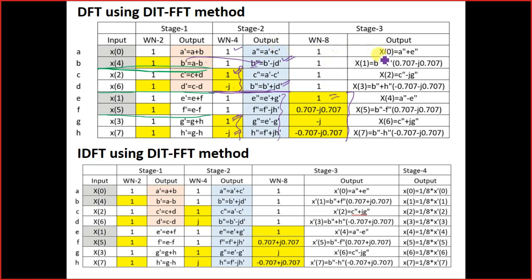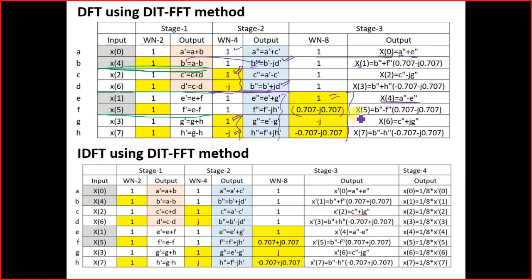So this is the final output. x0 is equal to a double dash plus e double dash, and x4 becomes a double dash minus e double dash. Then x1 is b double dash plus f double dash multiplied by the twiddle factor, right?